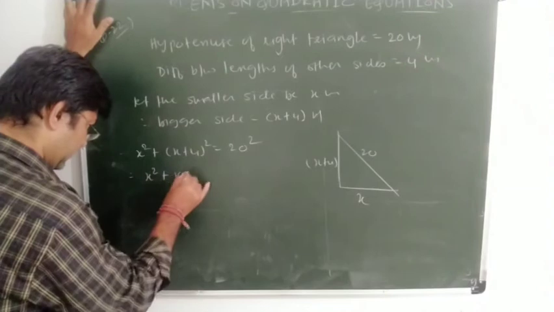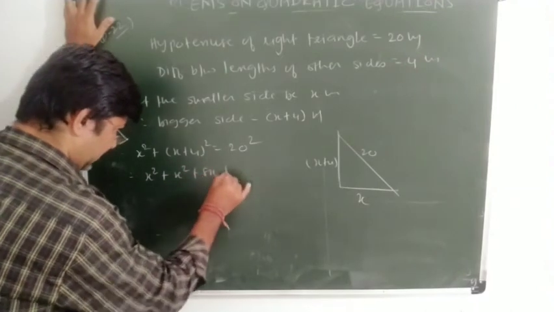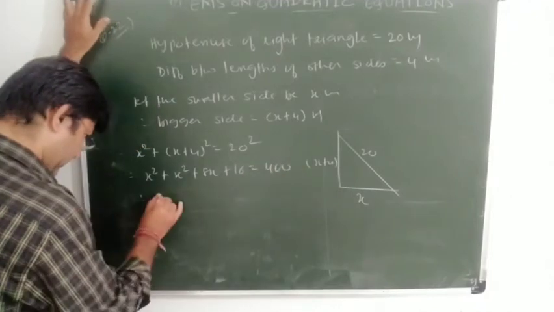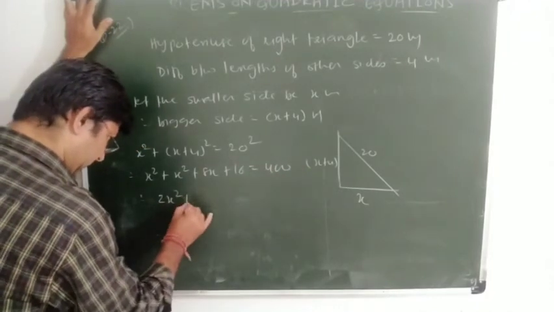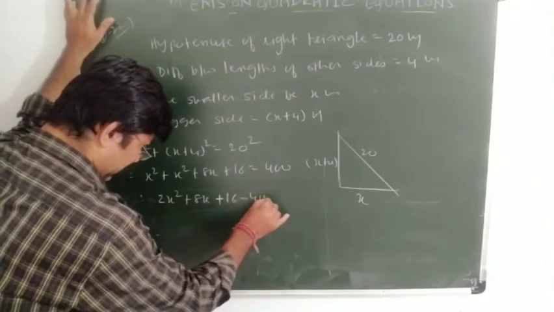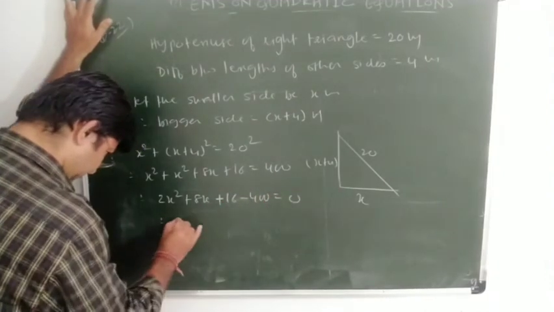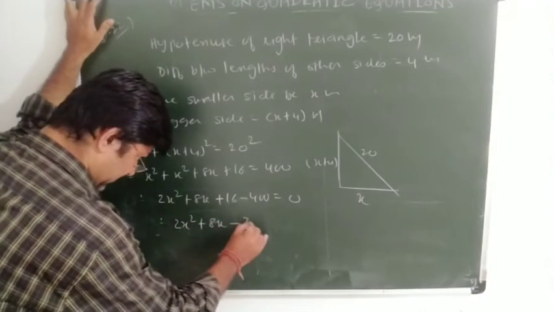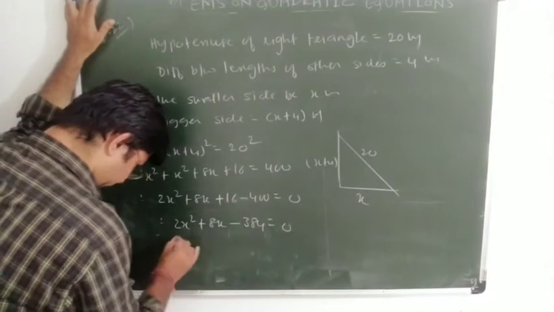Therefore x square plus x square plus 8x plus 16 is equal to 400. Therefore 2x square plus 8x plus 16 minus 400, therefore 2x square plus 8x minus 384.